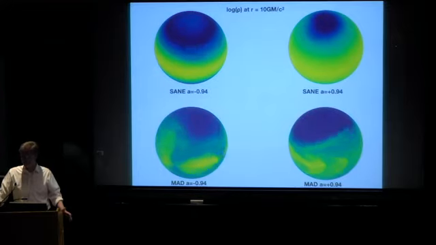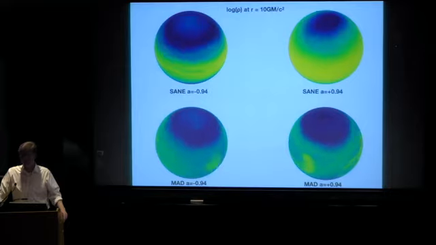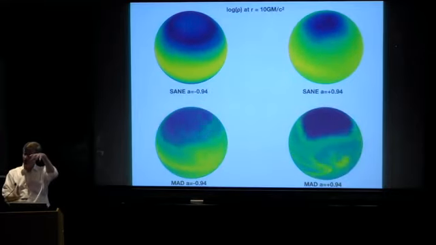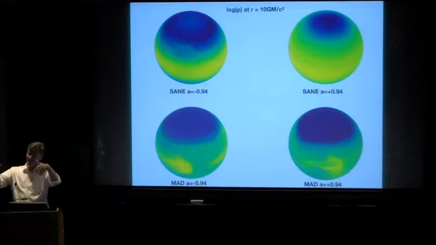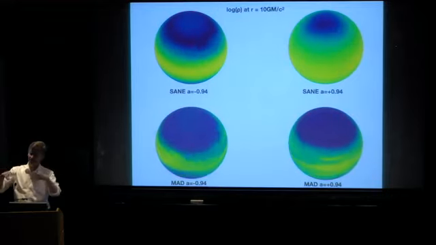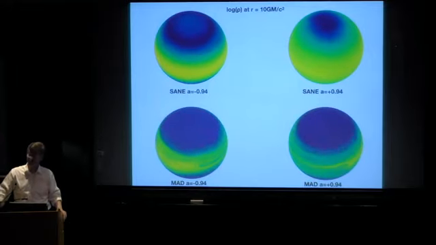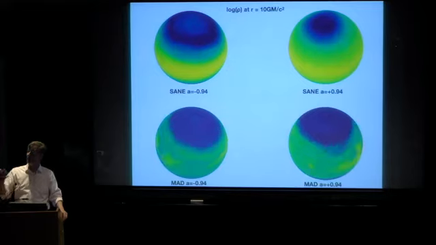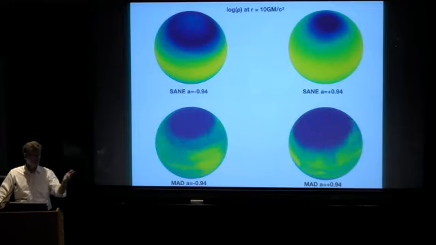There doesn't seem to be very good evidence for alignment. And so you can imagine that if you have a disk that's accreting onto a black hole and the orientation of the disk is randomly moving around over time, that sometimes it'll be prograde and sometimes retrograde, and that the net effect over very long time scales will be to despin the black hole.